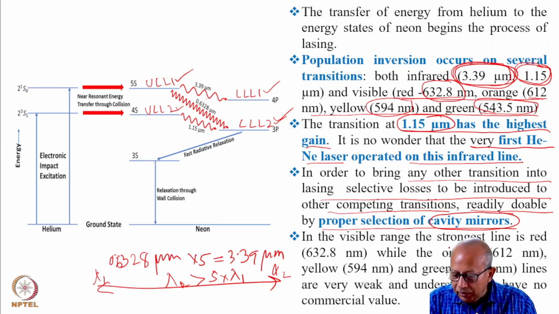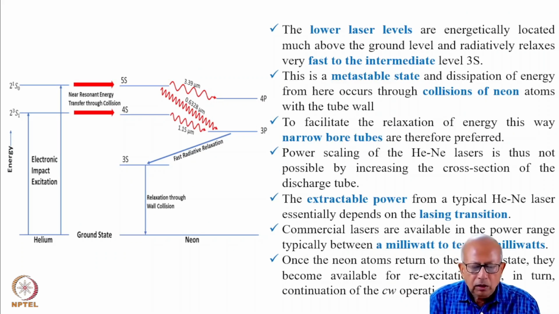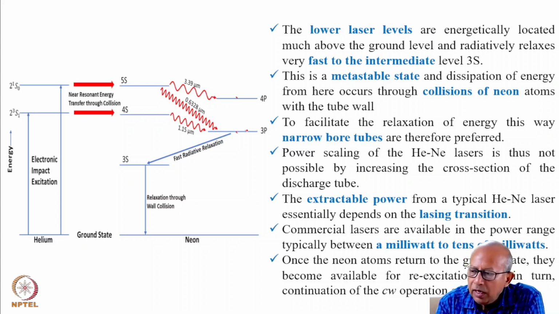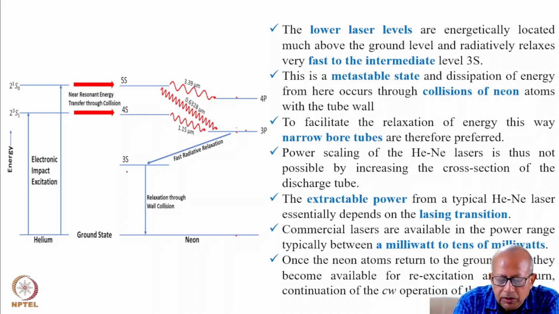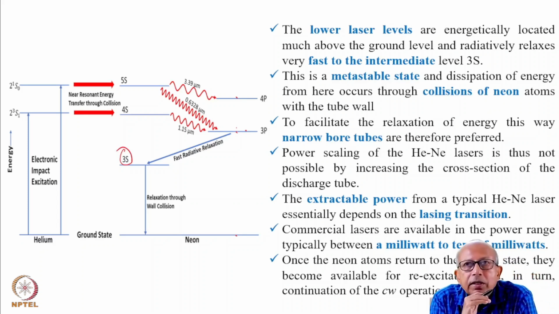Now in the visible range, as I have already said, the strongest line is the red line, while the orange, yellow and green lines are very weak and understandably have no commercial value. You see, the lower laser levels are energetically located much above the ground, and they radiatively relax very fast to an intermediate level, which is 3s, a metastable state.